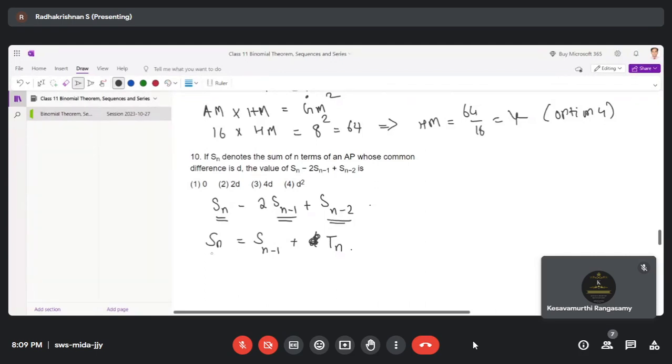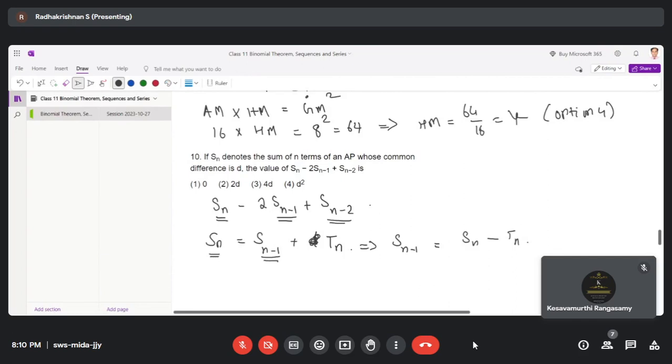So the sum to n terms will be equal to sum to n minus 1 terms plus nth term. So from that we can say that Sn minus 1 equals Sn minus Tn. I am trying to write everything in terms of Sn, so Sn will get cancelled out. Okay, and we can get it in terms of Tn or Tn minus 1.